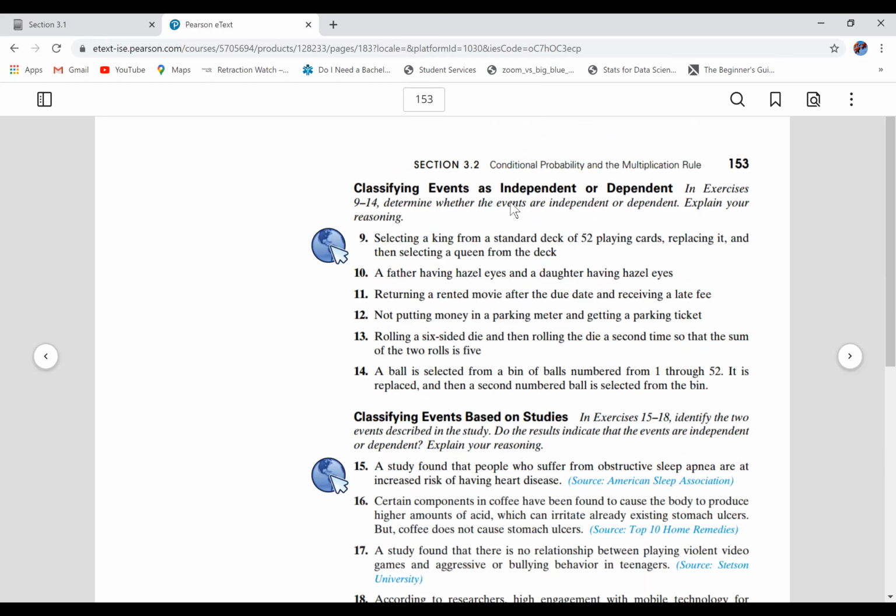Here's one of my favorites here. Event A, driving a BMW, and event B, getting into a car accident. What do you think, guys, the two events? Dependent or independent? I know some students sometimes argue this, but independent. What about if I tell you I think they are dependent?